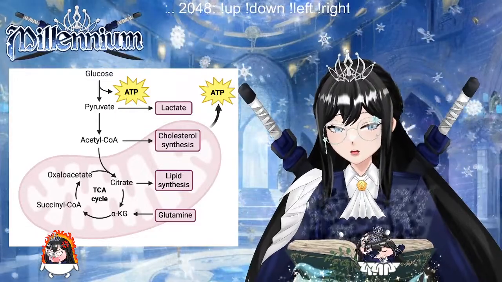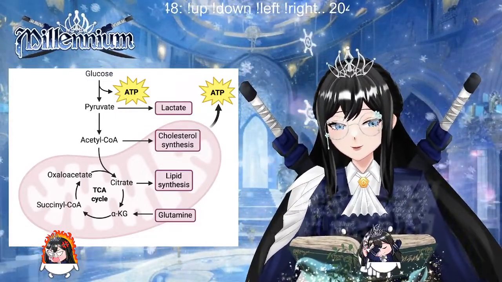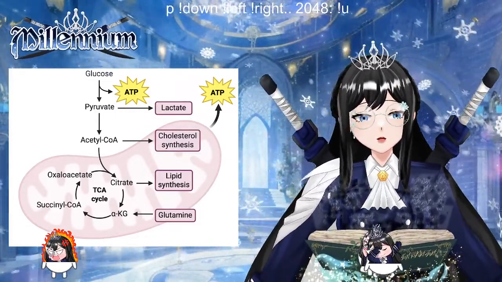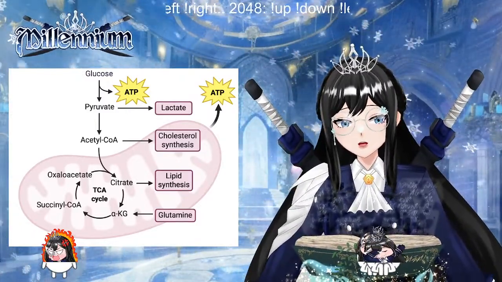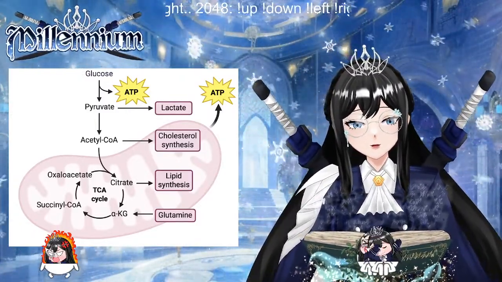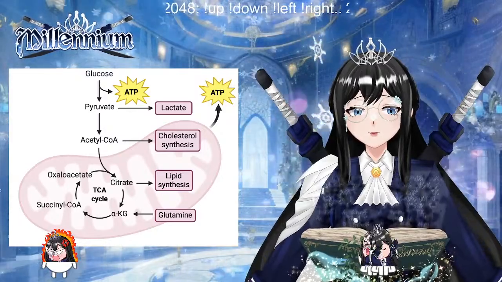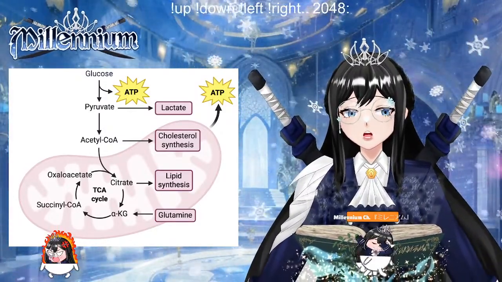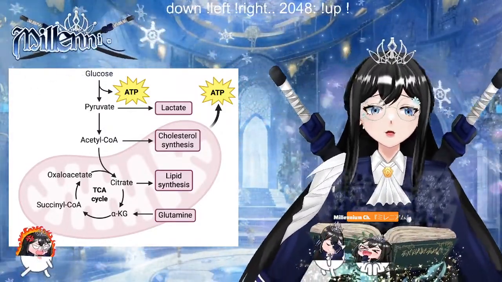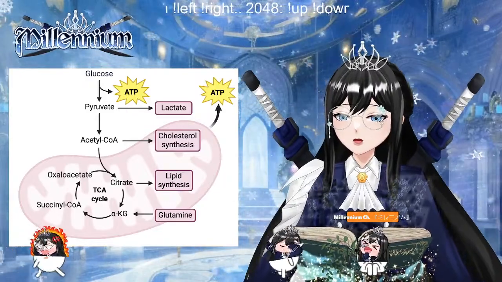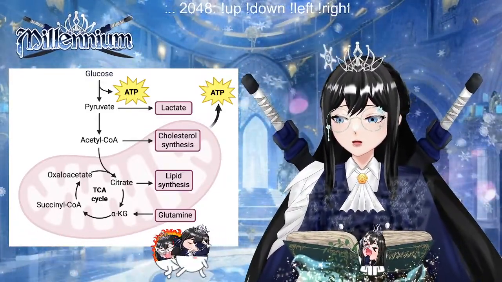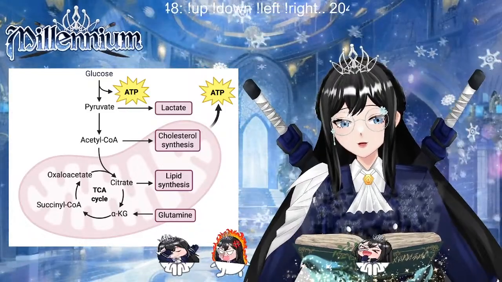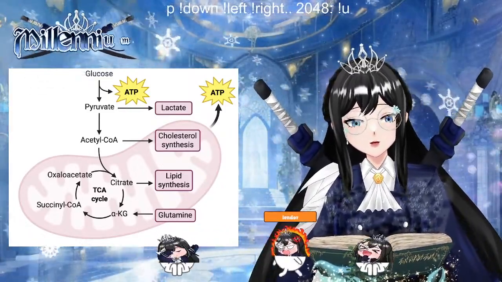Under aerobic conditions, if you have oxygen, pyruvate is transported into the mitochondria and converted into acetyl-CoA. Just note that down. If there is oxygen, you're like, okay, I have oxygen, I can go into the route of the TCA or Krebs or citric acid cycle.